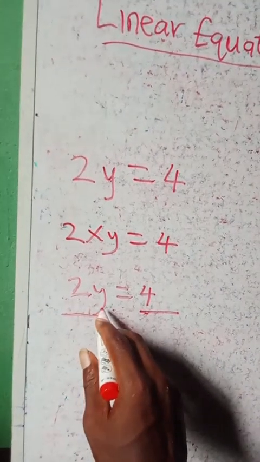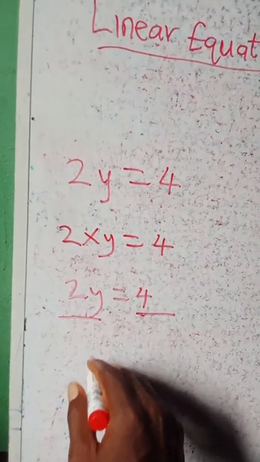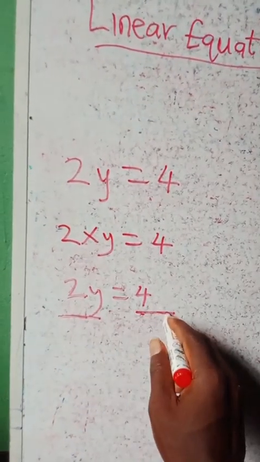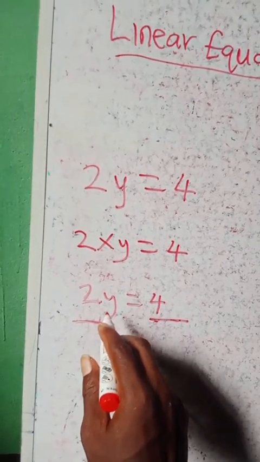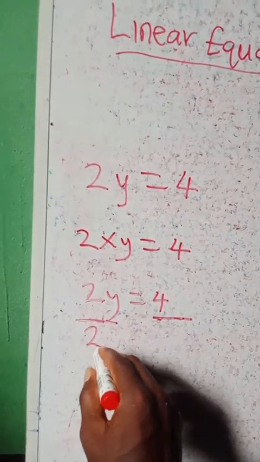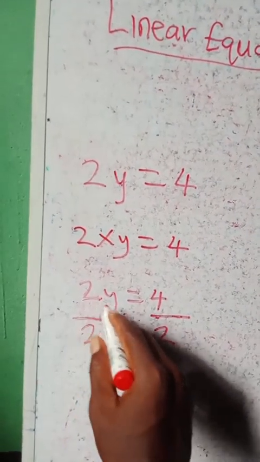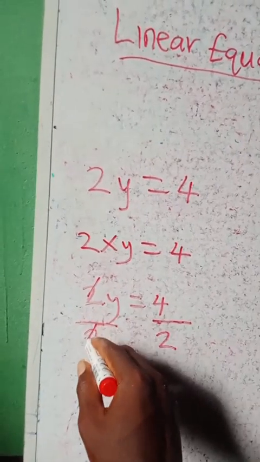For me to make y to stand alone here, that is subject to the formula, it means that I will divide both sides, this side and this side, by what? The number that is with y. So what number that is with y is 2. So I will divide here and here by 2.